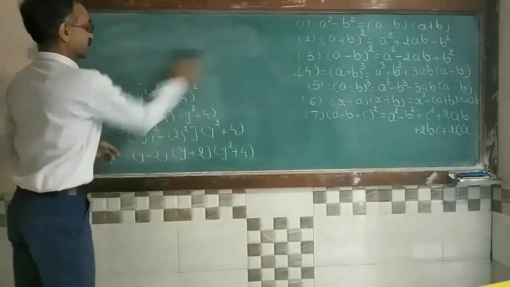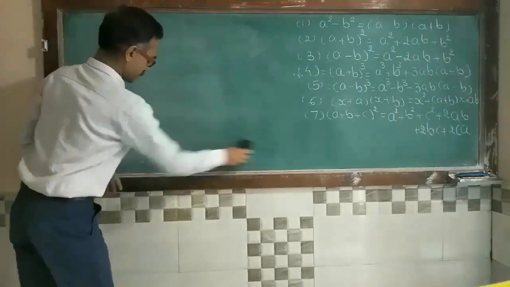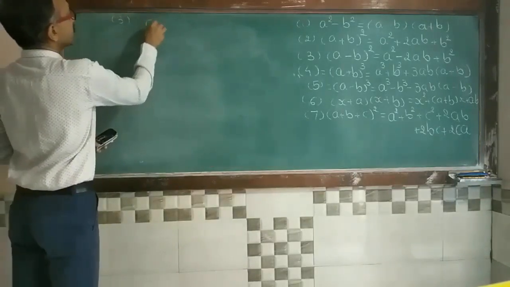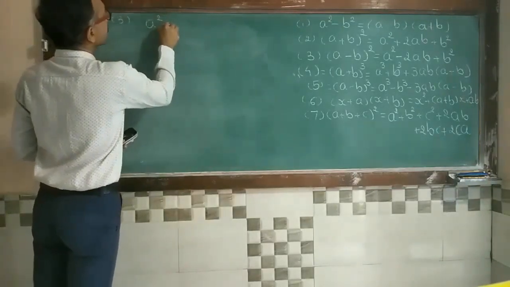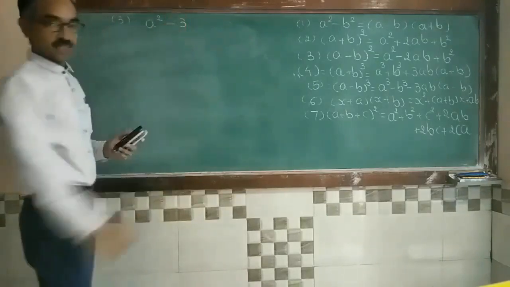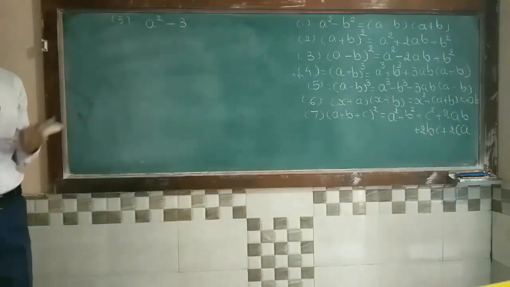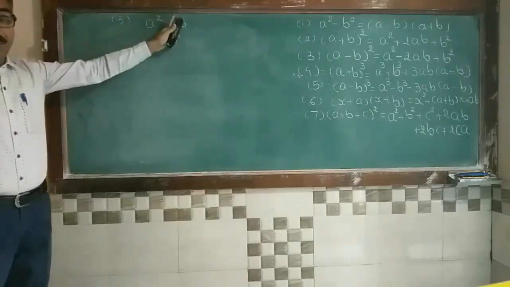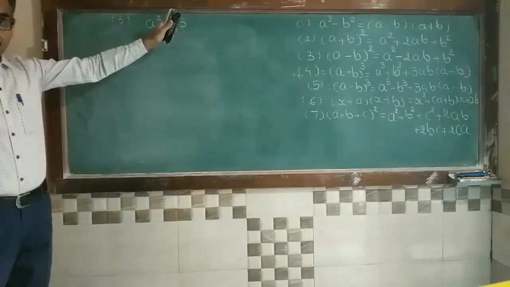Suppose you are given a square minus 3. So what will you do? a is a perfect square, but is 3 a perfect square?